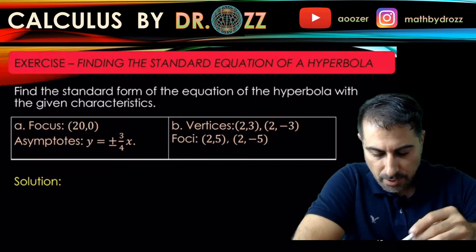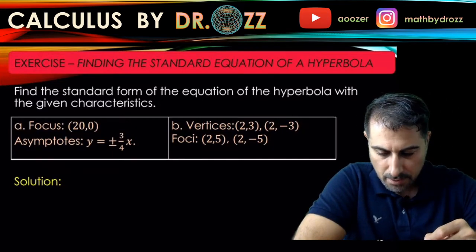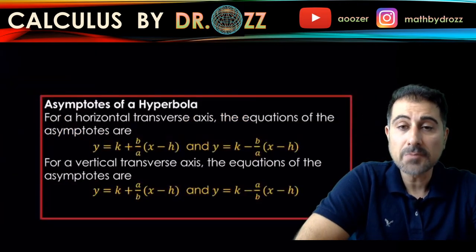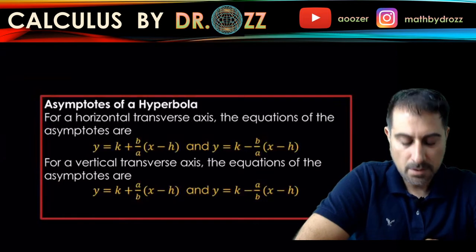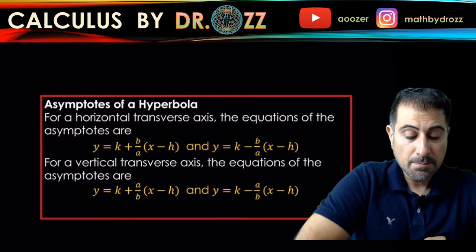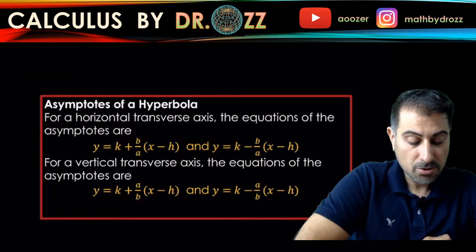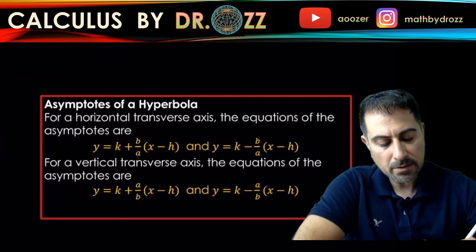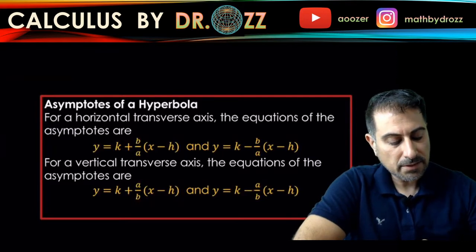I want you to check back the formula for the asymptotes of a hyperbola. Those are given in the form k plus or minus b over a times x minus h, and the slope can change depending on the transverse axis.